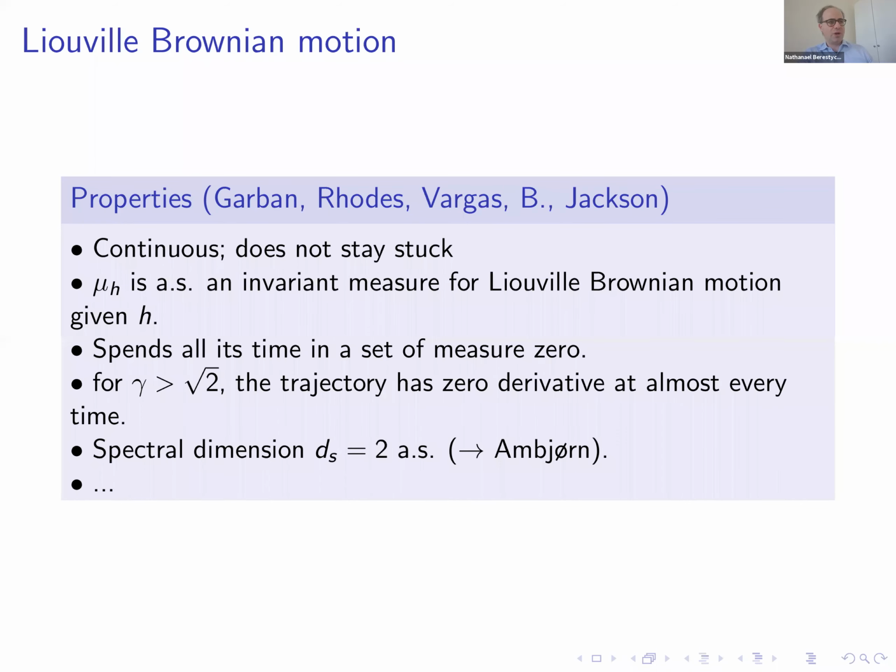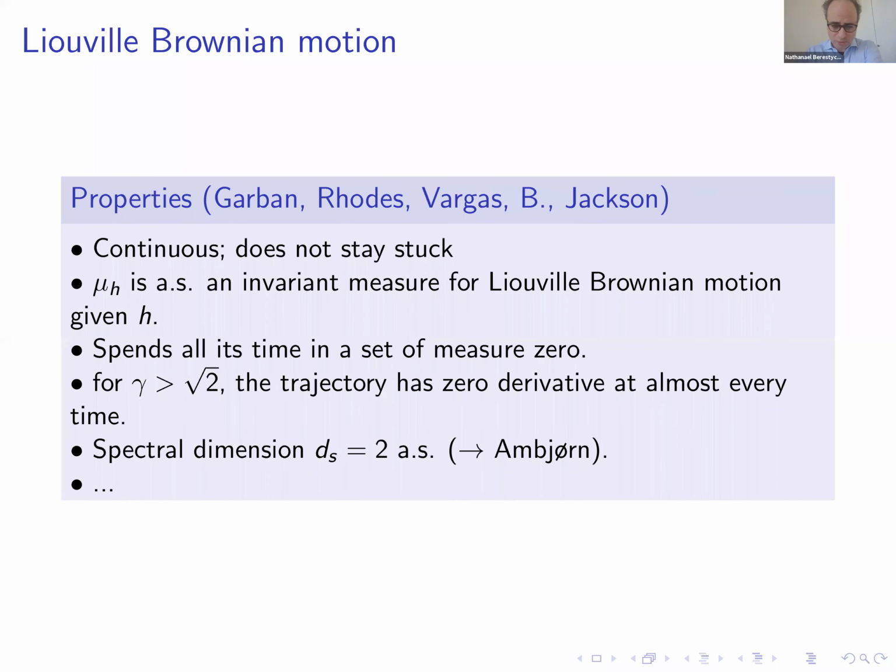And so somehow the mountains are high enough that the process kind of wants to stay stuck at almost every place, but still lives, right? So the mountains are not high enough that the process stays stuck there, but high enough that the derivative is almost every time 0. Right, so it really is a very singular time change.